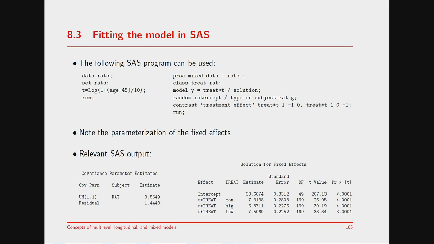And many fewer animals would drop out, and you would not lose much because the measurements are highly correlated. So from a design of experiments perspective, it is interesting that in the design stage, you already take into account the risk of dropout. And that has been done, but that's beyond this course.